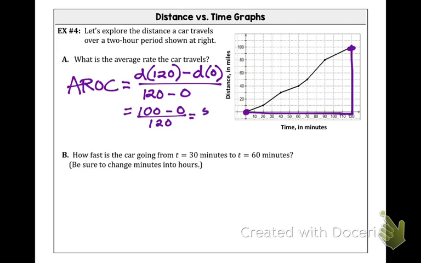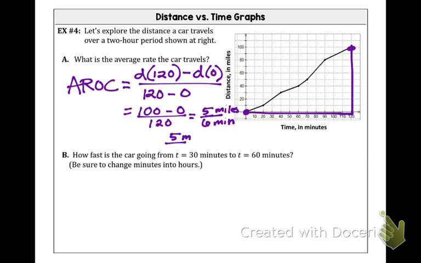Okay, so here we got to do some analysis on our units. So we have 5 miles per 6 minutes. But whenever we're talking about speed, we always talk about miles per hour. So what do I need to multiply 5 miles per 6 minutes by to get to hours? 60, right?